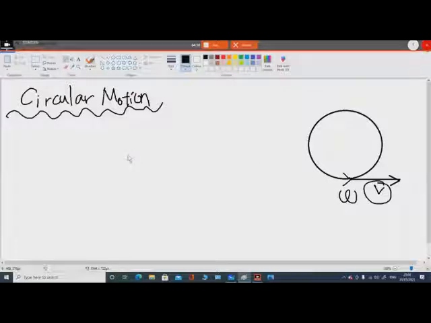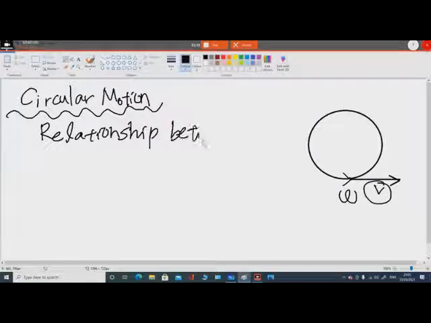Okay, so what is the relationship between the angular velocity, which is known as omega, and velocity, which is known as v? This can be presented in a formula.